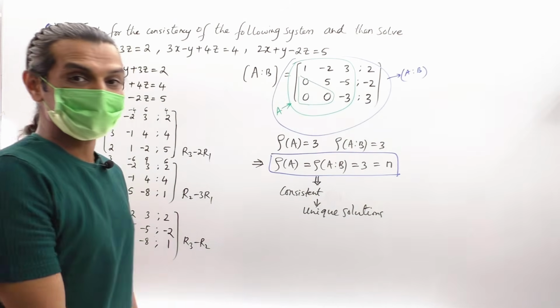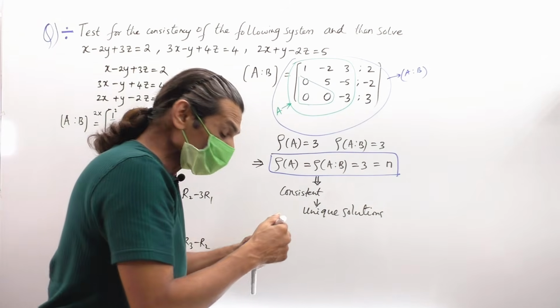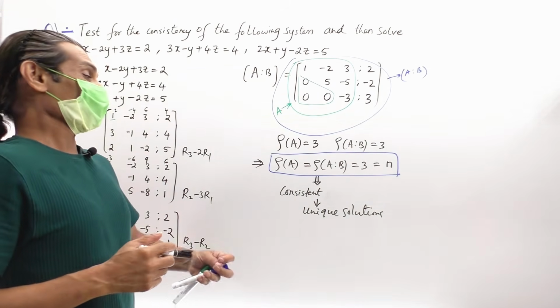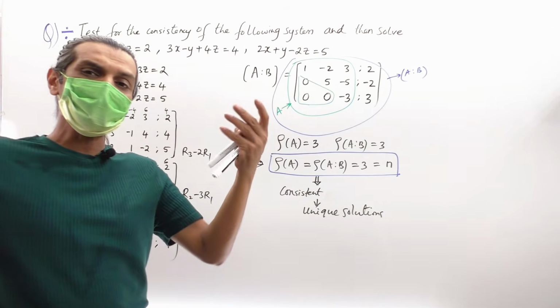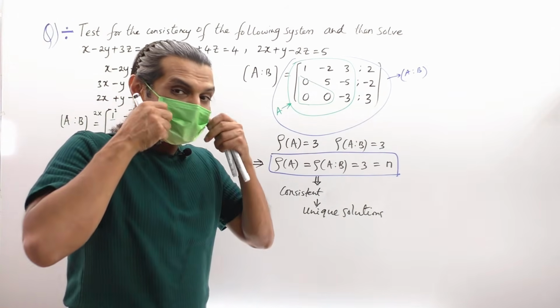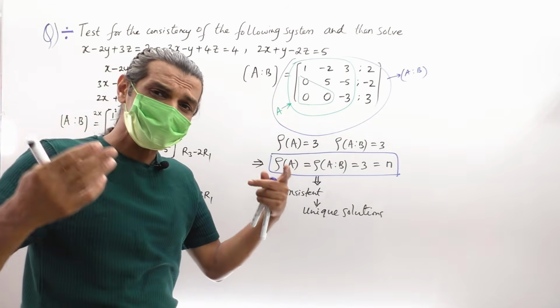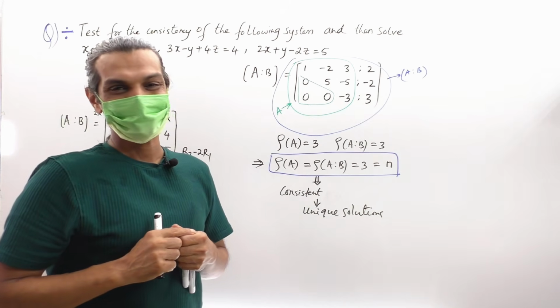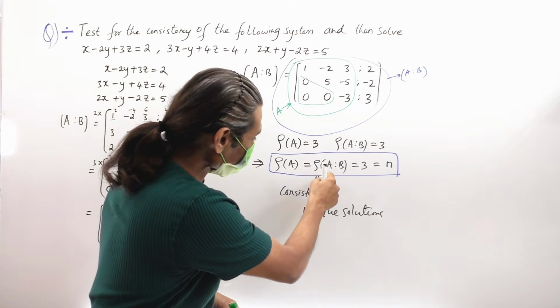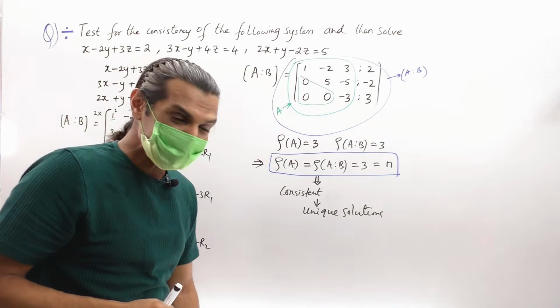See, the theory is important here. Consistent and unique solutions. Therefore, unique solution is what? All x, y, z, all will have solutions. That's why I told you the solution is same as Gauss elimination, but this theory has to be included here. What theory? Rank of A is equal to rank of A augment B, that is equal to 3 is equal to n.